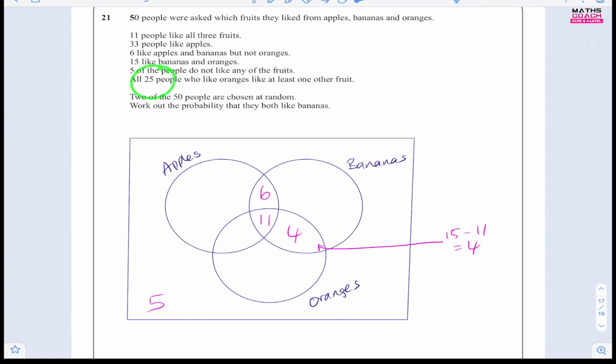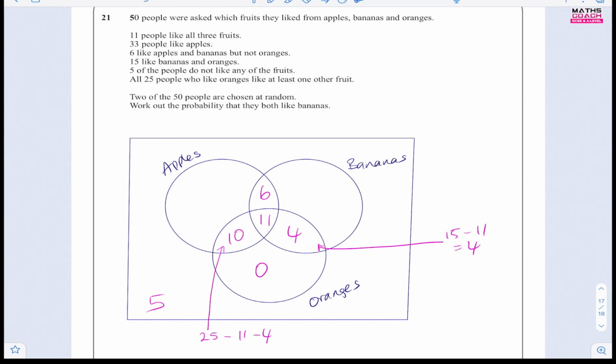So that 25 will be all of this. So we can do 25 minus the 11 minus the 4, which is simply those 2 values, and we get 10. So 10 will go right there. And as mentioned already, it means that 0 people like oranges only. So we could write 0 in there as well.